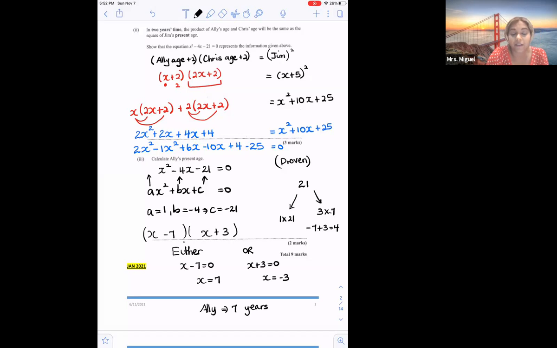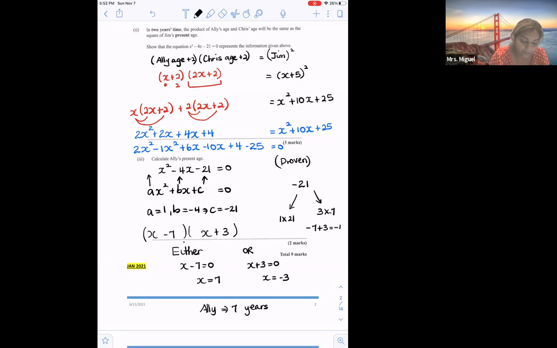We have the product and sum method of factorizing this quadratic. The method we use is to find two numbers which when multiplied together will give us -21, and when we add them, we will get -4. So that is how we use the product and sum.